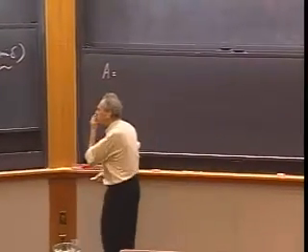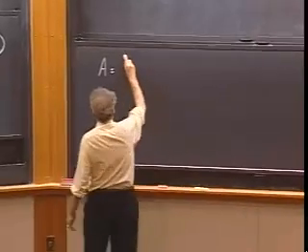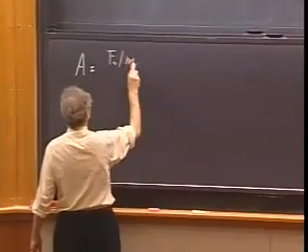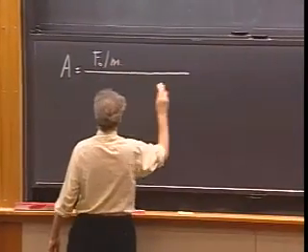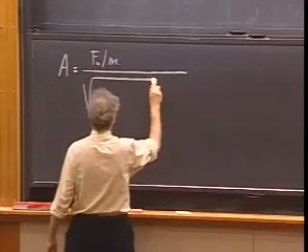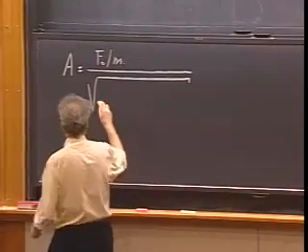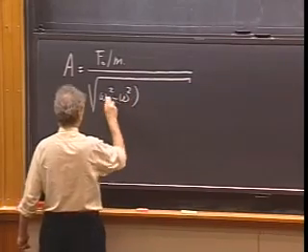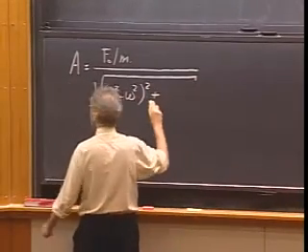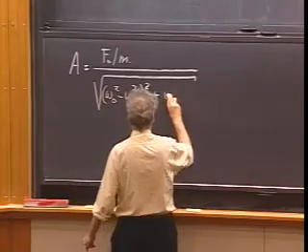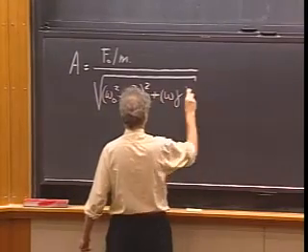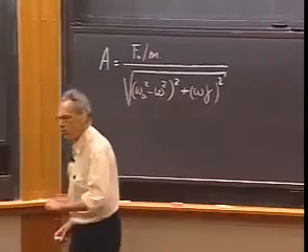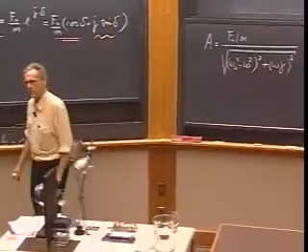So A is going to be f0 divided by m upstairs, and downstairs, you're going to get the square root of omega 0 squared minus omega squared, squared, plus omega gamma squared. So this is the amplitude of the object.